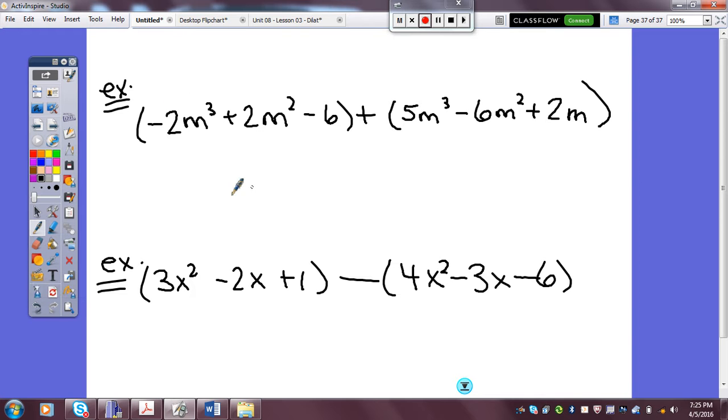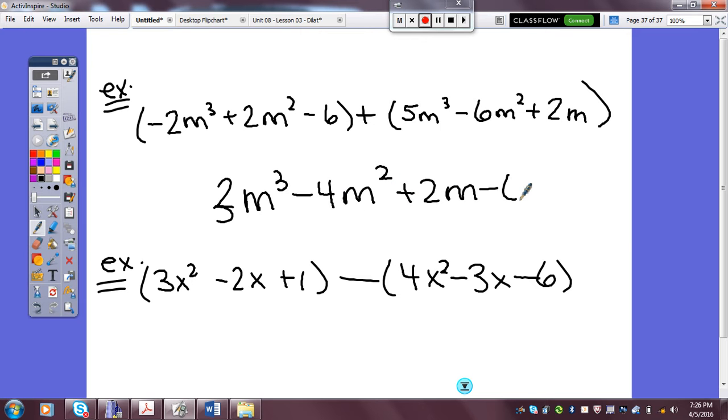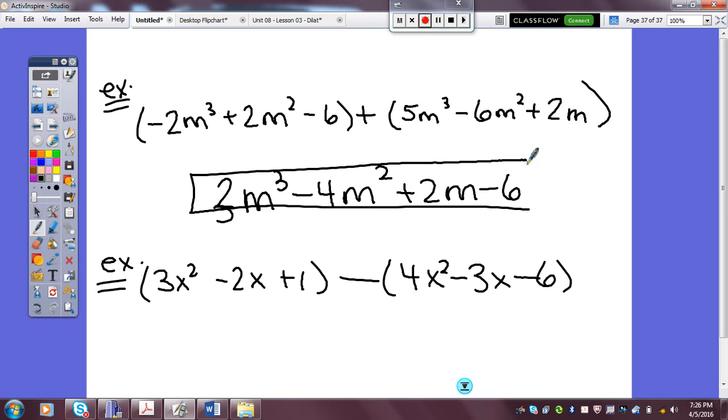So the answer to this one would be 3m cubed minus 4m squared plus 2m minus 6. On this problem, my answer would be negative x squared plus x plus 7.